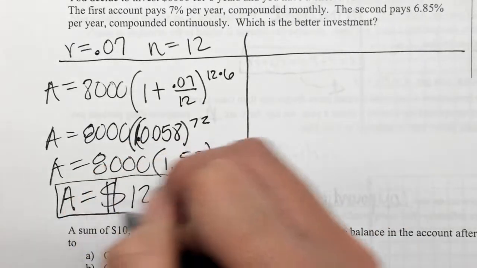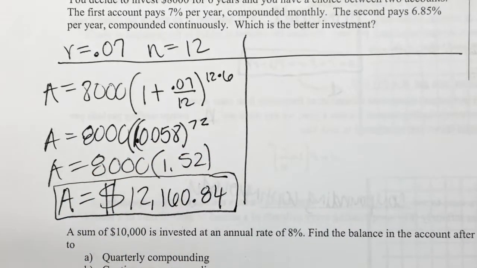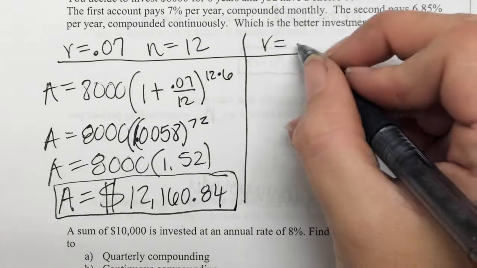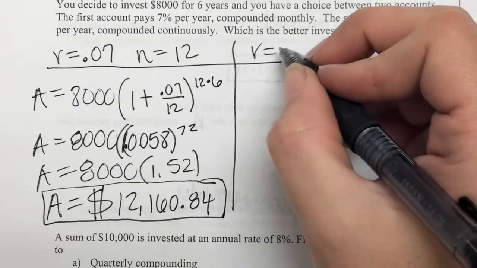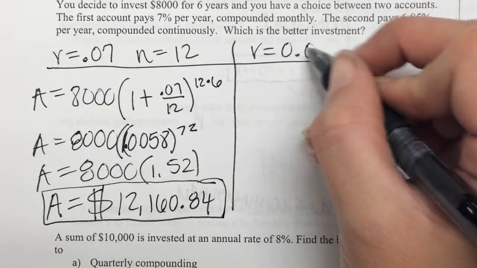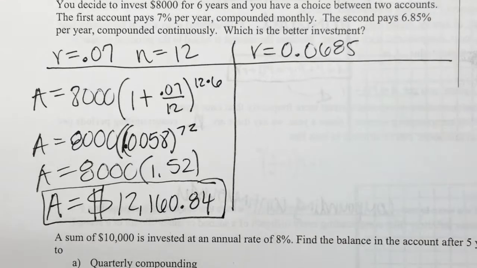Perfect. So that means you started by putting 8,000 in. After 6 years, compounding at that, you'll have this much, if you don't take any out. So that's a good gain. Let's find out what it would be if we did it continuously. The rate for continuously they gave us was 6.85, so as a decimal it would be 0.0685.